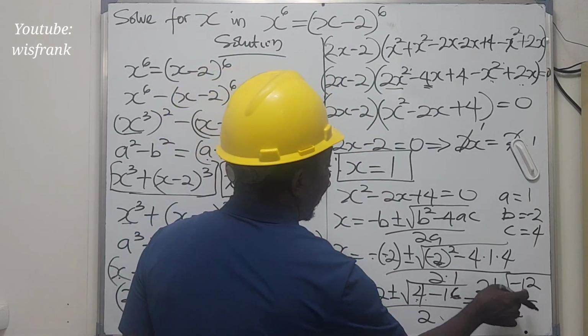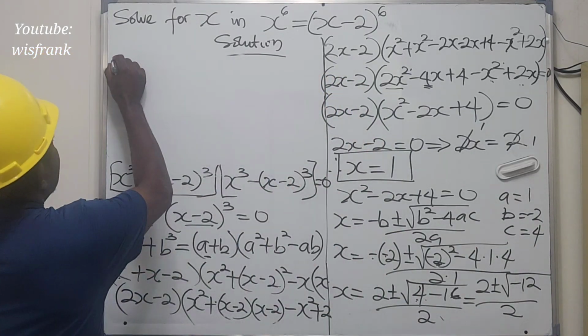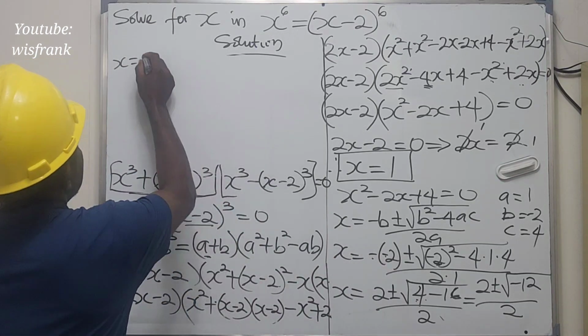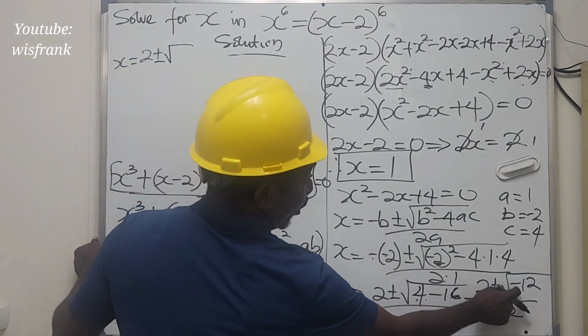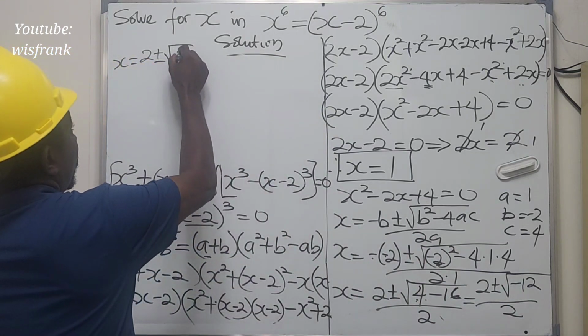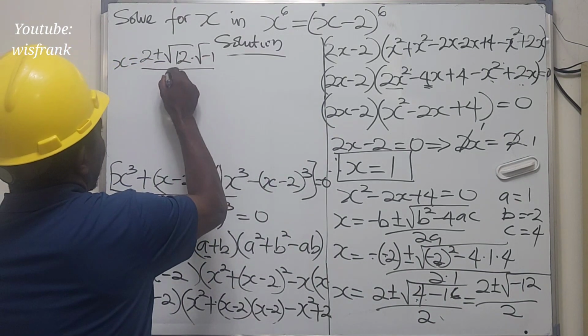So we can further evaluate this. So we need to clean this. We have here x equals to 2 plus or minus square root of 12, which is the same thing as square root of 12 times square root of minus 1 all over 2.